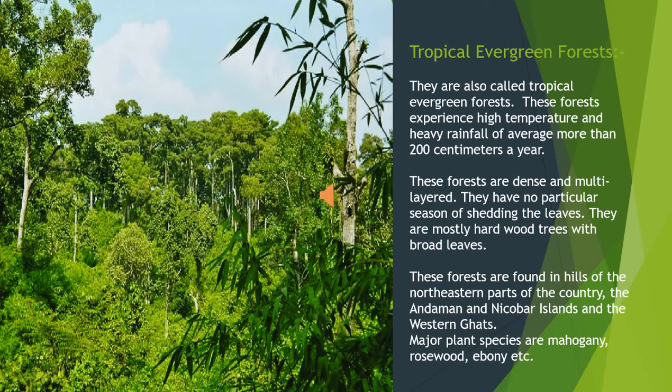They have no particular season of shedding the leaves. They are mostly hardwood trees with broad leaves. These forests are found in hills of the northeastern part of the country, the Andaman and Nicobar Islands, and the Western Ghats. Major plant species are mahogany, rosewood, ebony, etc.